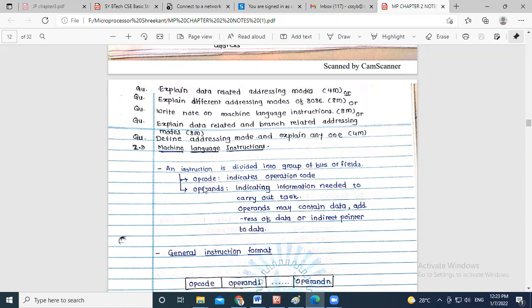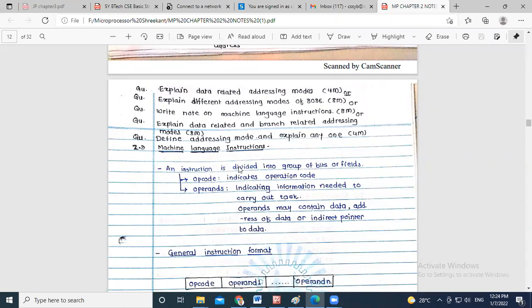The second one is the operands. If only the opcode is there, then what is the use? To do the operations, two or more operands are needed. It indicates the information needed to carry out the task. The operands may contain data, information, address, value, or a pointer, an indirect pointer to data.